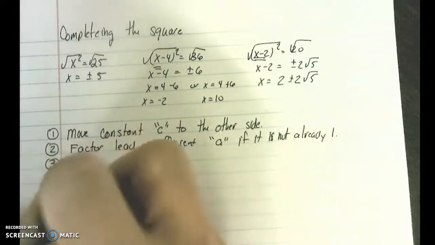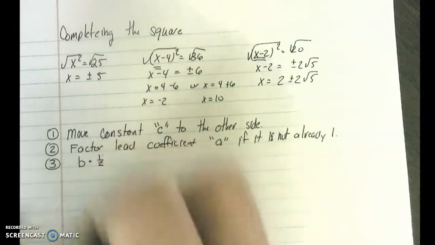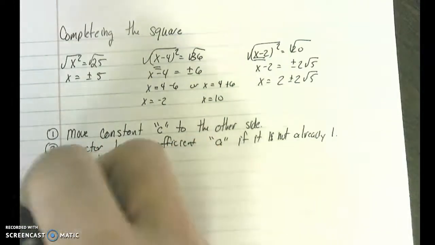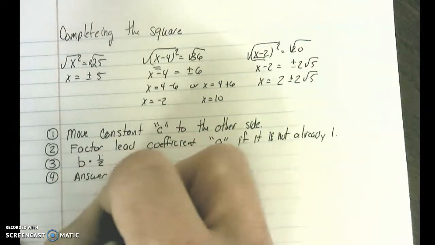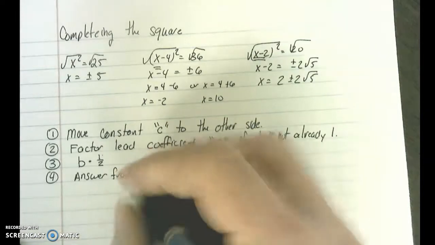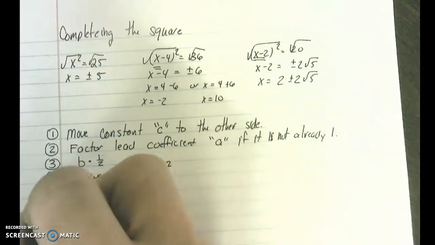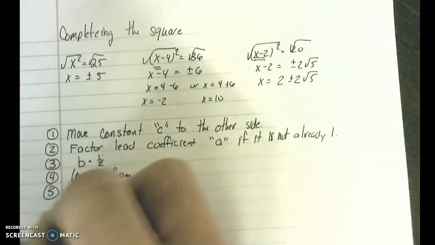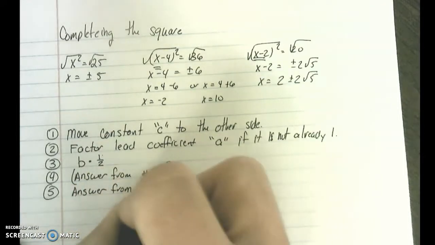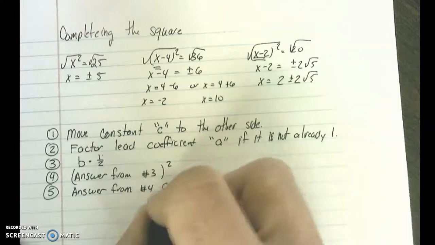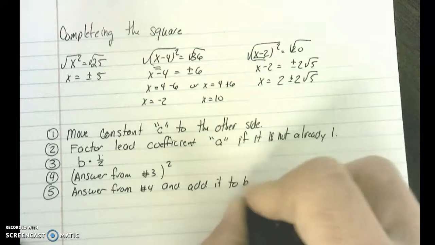All right, the next one is we take B and we times it by 1/2. Okay, and then we're going to take our answer from step number 3 and we're going to square it. And then number 5 is we take our answer from number 4 and add it to both sides.